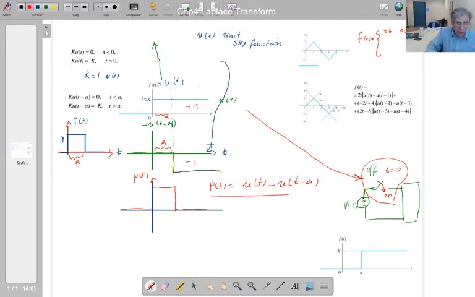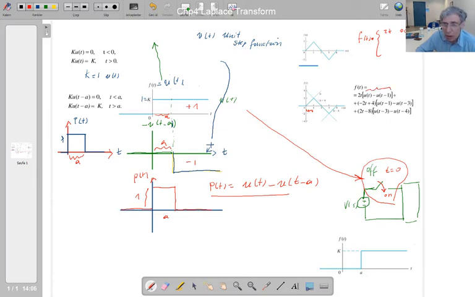Now I am saying if this is 1 and this is a, I could use this pulse function in order to get this function. How can I do it? If you consider the time interval between 0 and 1, between 0 and 1, if you introduce a pulse function, the unit pulse function is this, isn't it?